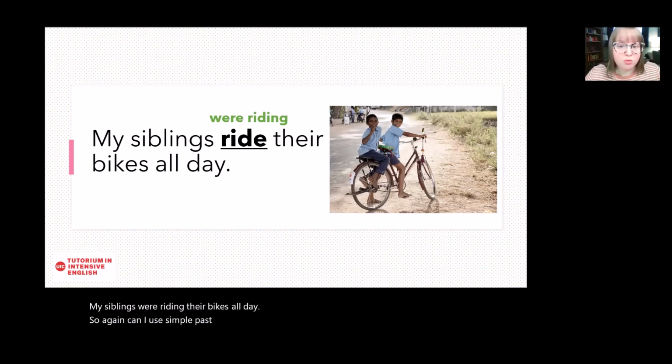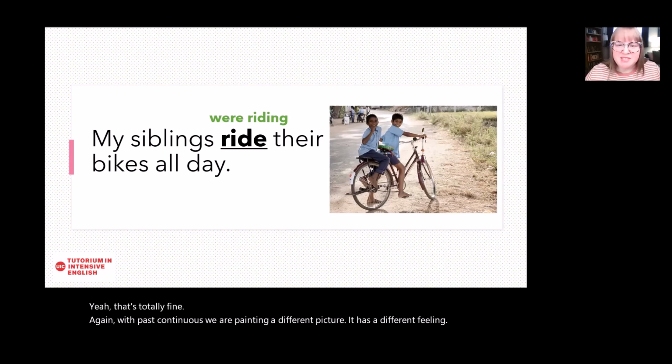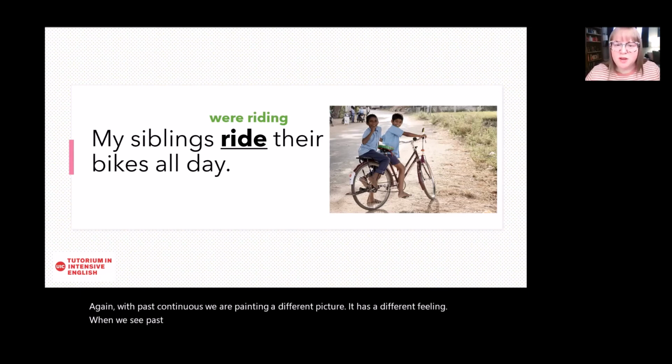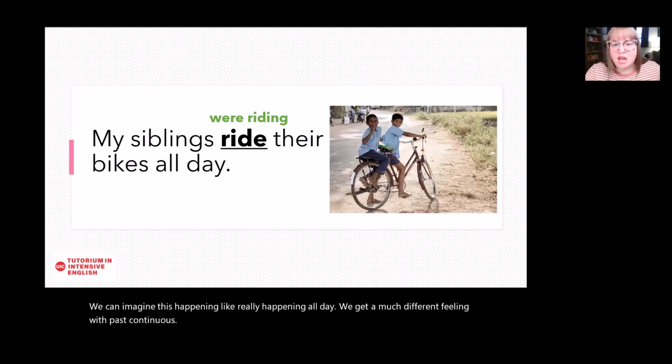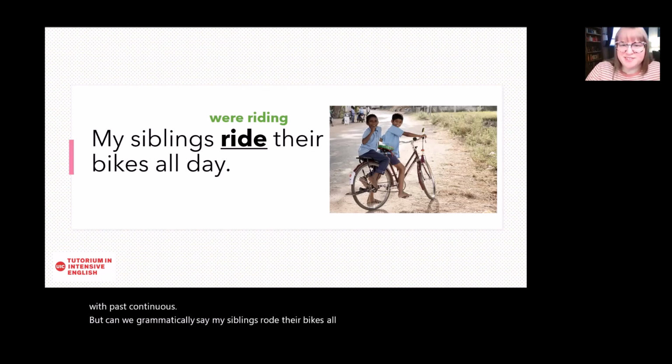My siblings rode their bikes all day. Yeah, that's totally fine. Again, with past continuous, we are painting a different picture. It has a different feeling. When we see past continuous, my siblings were riding, we can imagine this happening, like really happening all day. We get a much different feeling with past continuous. But can we grammatically say my siblings rode their bikes all day? Yeah, of course.